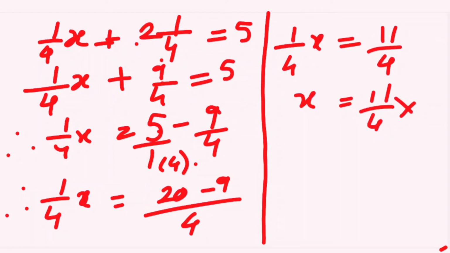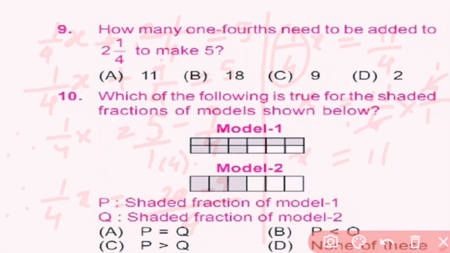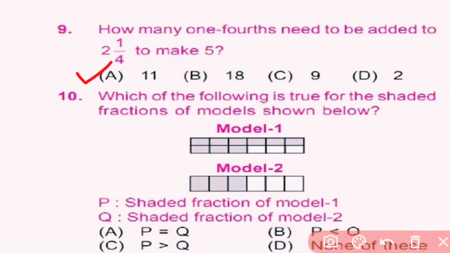X is equal to 11 by 4 into, we take the reciprocal of this. So x is equal to 4 1s are 4, 4 1s are 4. So x is equal to 11. So we need 11 times 1/4. So here A is the correct answer.